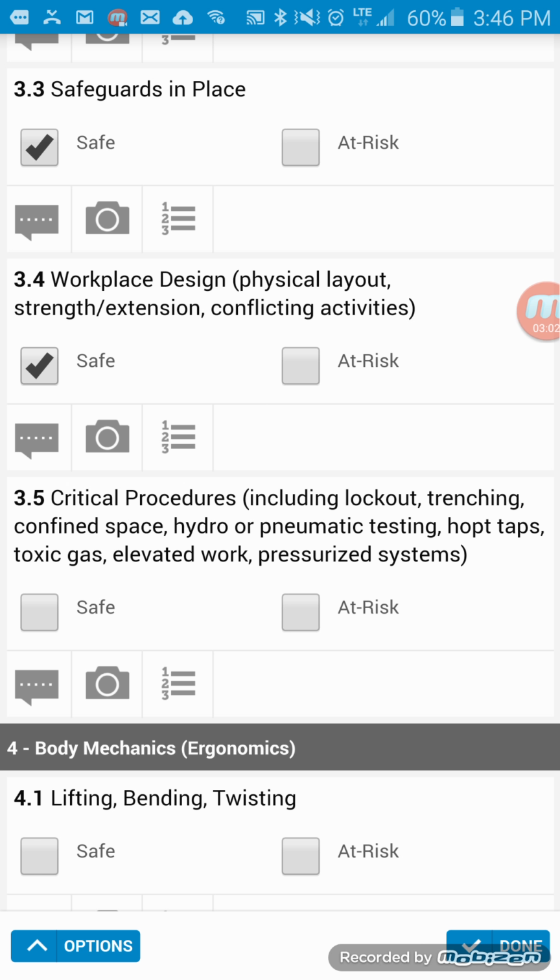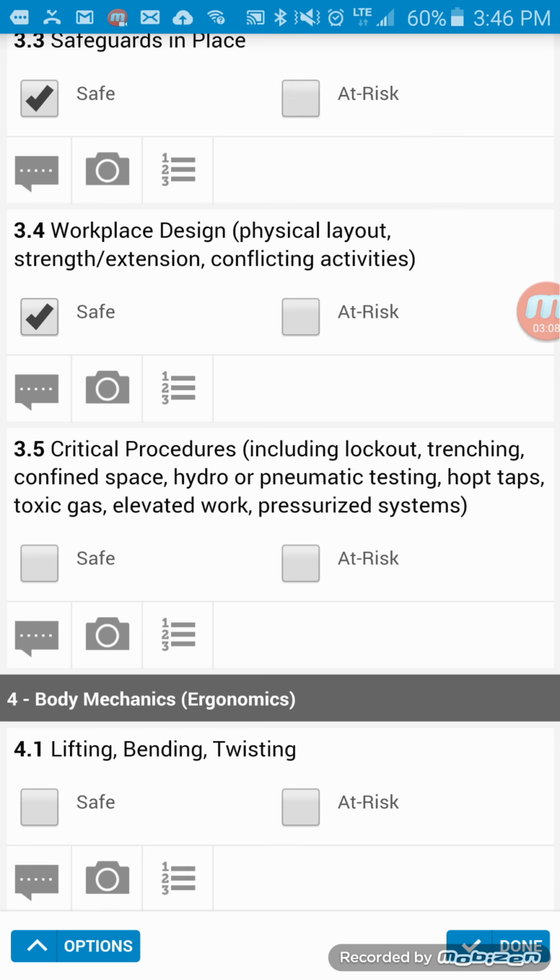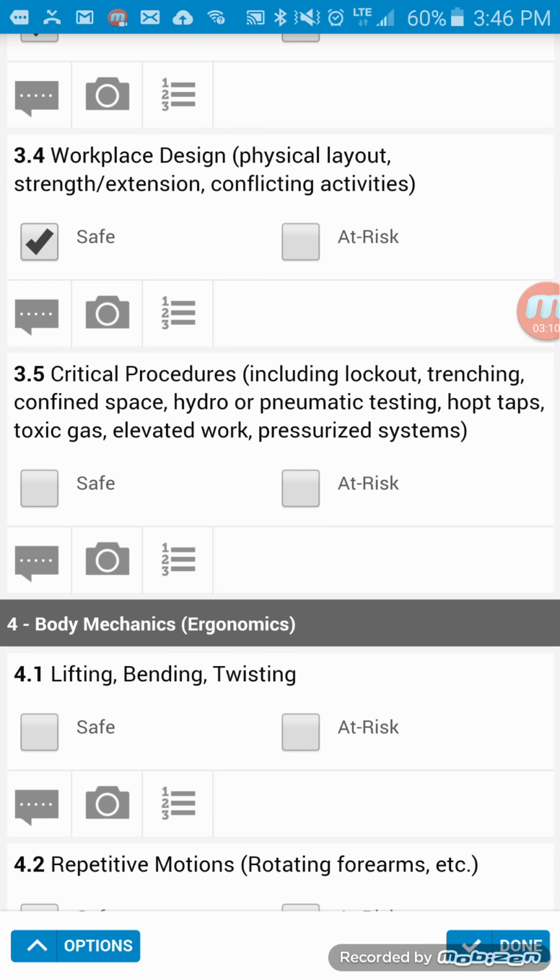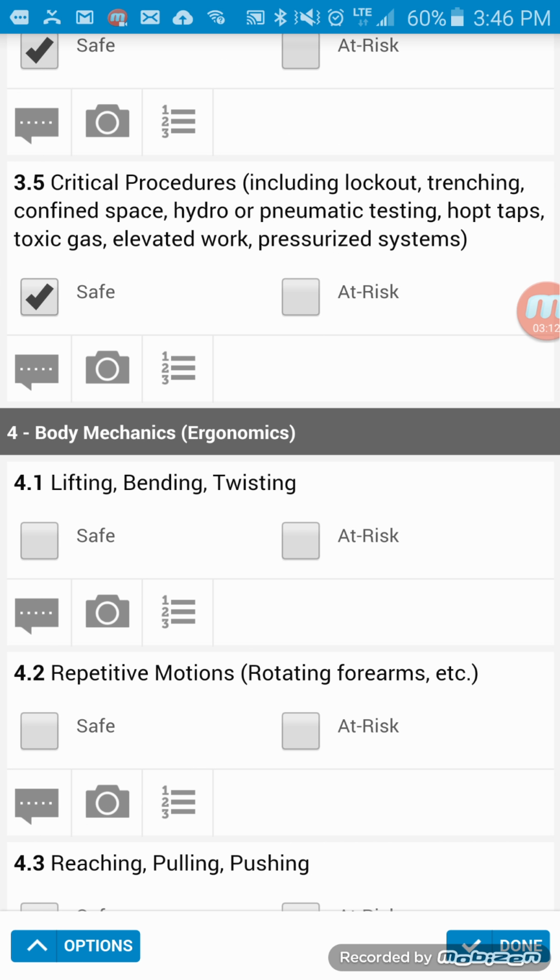Critical procedures including lockout and tagout, any trenching, confined space, hydro or pneumatic testing, and so on. Hot taps, toxic gas. Is that being done in a safe manner? The body mechanics, ergonomics in terms of lifting, bending, and twisting. Compressors are heavy, so are they doing that in a way that is not going to hurt their back or use repetitive stress and so on, and lifting it in a proper manner.